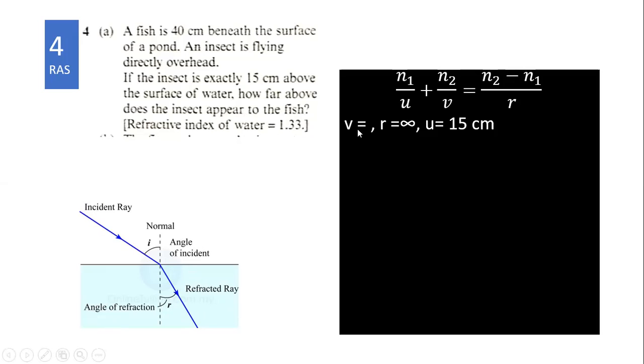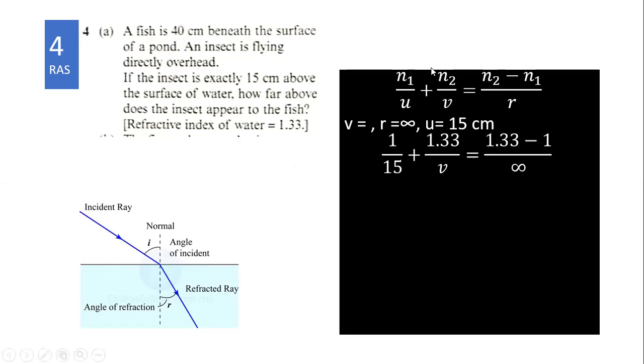Okay, so you want to find V. Your radius, right? As long as the straight line, it is infinity. And then U is 15 cm, here 15 cm from the surface. I roughly remember I was stuck when I was your age doing this question.